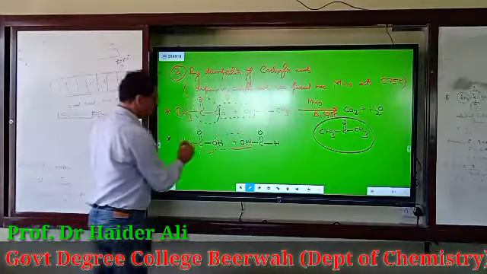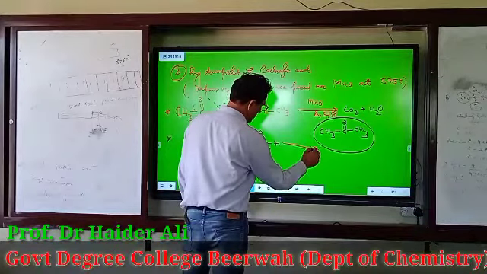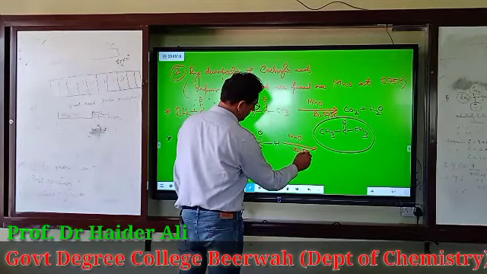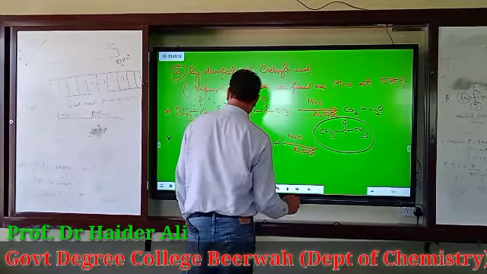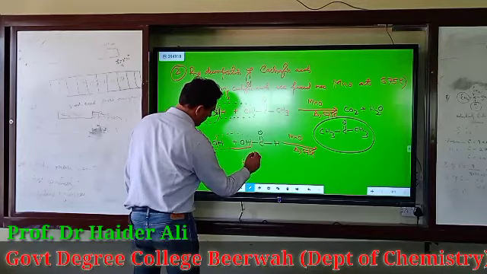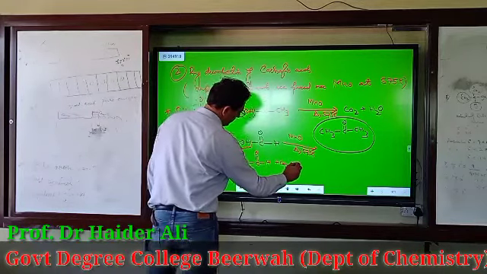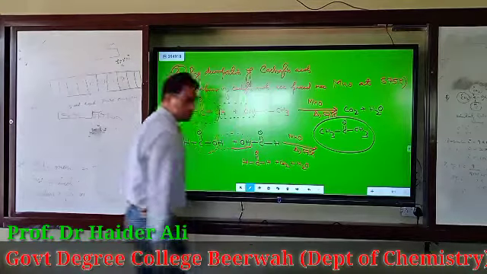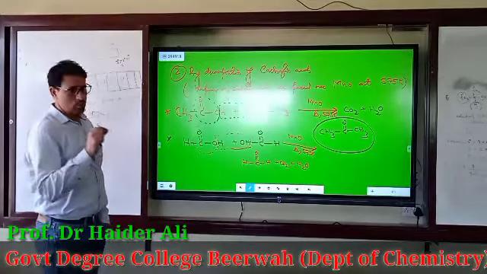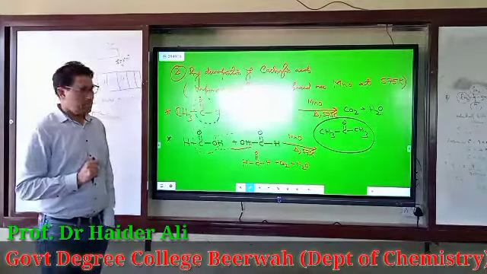H C double bond O H. We are left with carbon, with MnO at 575 Kelvin temperature. So we will end up with HCHO plus CO2 plus water. Is it okay? It's a very simple reaction. You only have to go through one of the reactions and you can easily get the others.